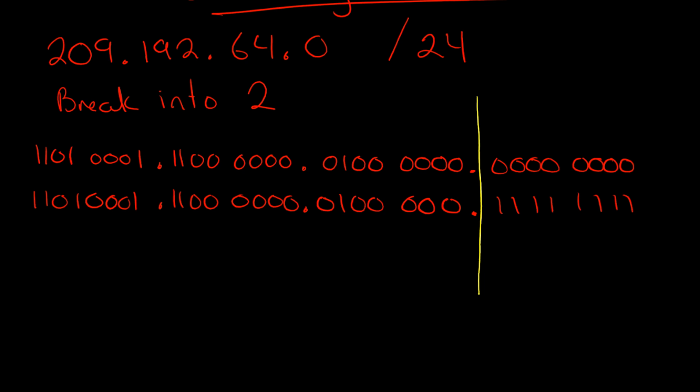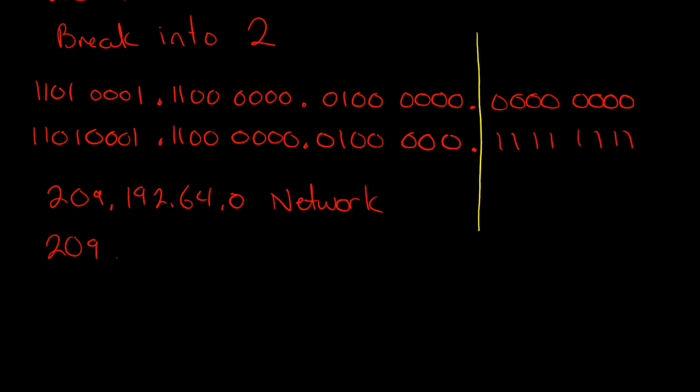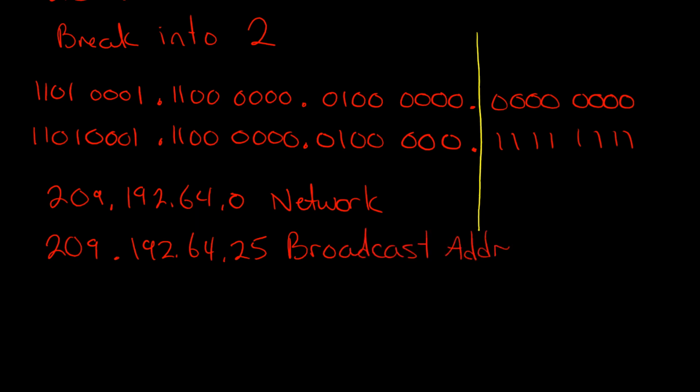So we know that our network address space is starting at 209.192.64.0, that's our network address, and going to a broadcast address of 209.192.64.255. That's our broadcast. A broadcast address is always the address where all the host bits are 1, and the network address is always where all the host bits are 0.